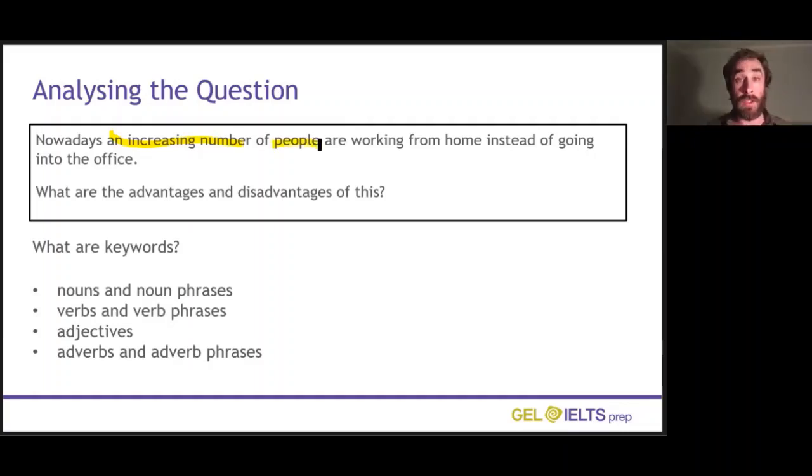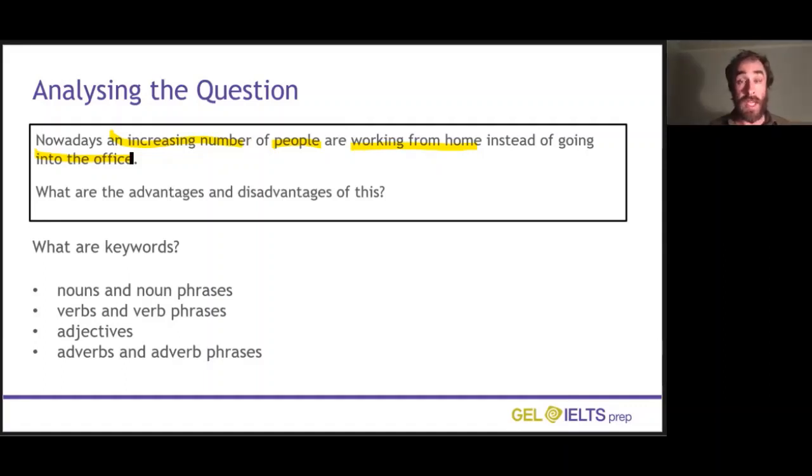People. So we're talking about people who have jobs. The verb phrase working from home is a useful keyword because it contrasts with going into the office. So on one hand, people are working at home in their own houses as opposed to being at the office, at their workplace. So the 4 keywords are here.